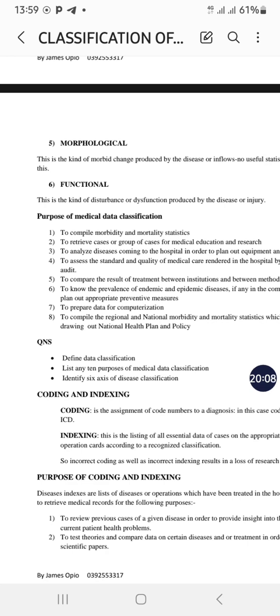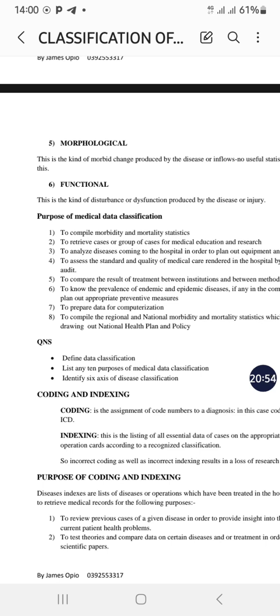For instance, if a person has been infected with leprosy, and as a result lost his or her hand or hands, we are going to classify these diseases according to the loss of hands, legs, or eyes. We are saying it is not actually scientific to be used for statistical purposes.